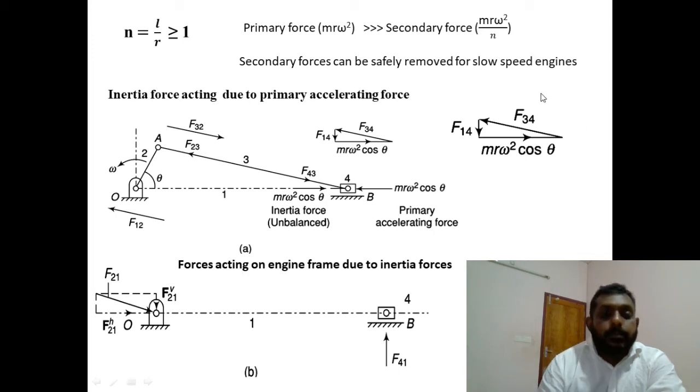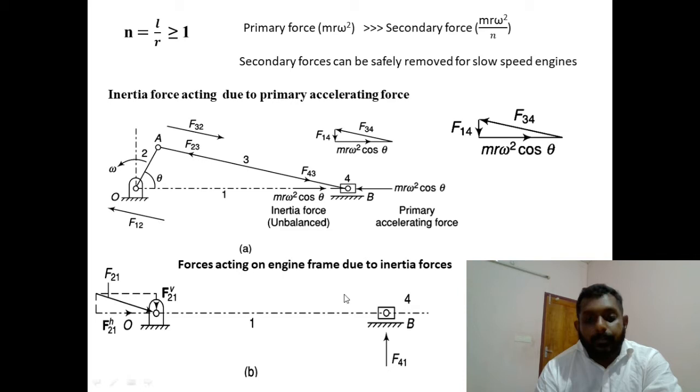But in this case it is different. Here the force polygon is not closed, so the force will produce some type of unbalance or some type of vibration in the slider crank mechanism. We can see what the bad effects of these forces acting on this frame are.